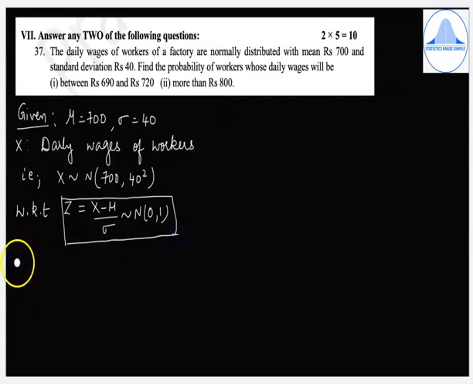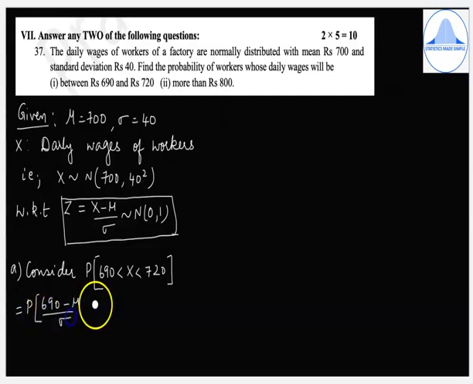Now let's start with the first subdivision, subdivision A. Consider probability of 690 is less than X is less than 720. So this is read as X lies between 690 and 720. The next step is to standardize. So this is equal to probability of 690 minus mu divided by sigma is less than X minus mu divided by sigma is less than 720 minus mu divided by sigma.